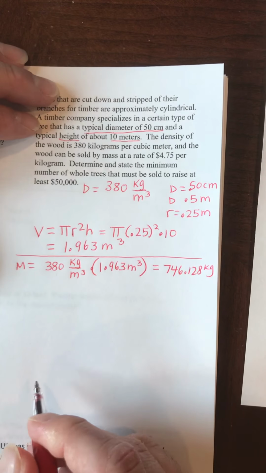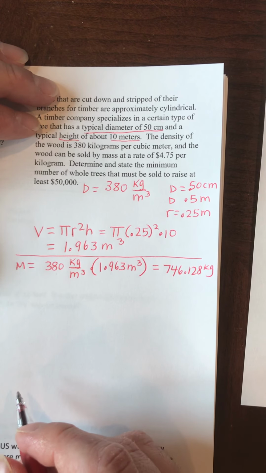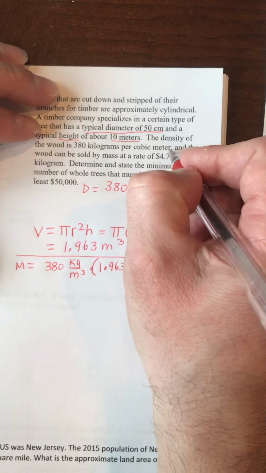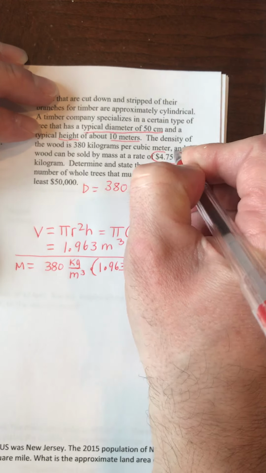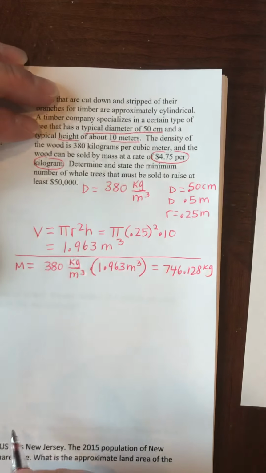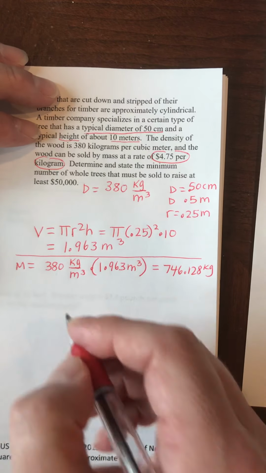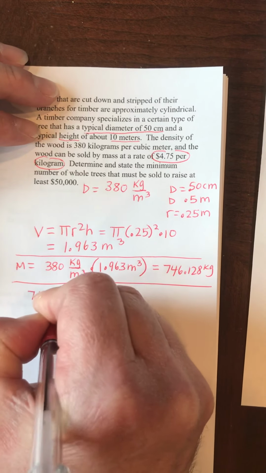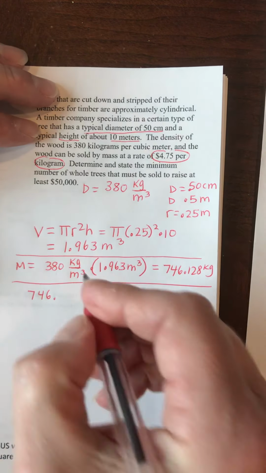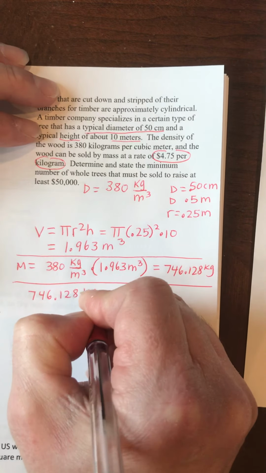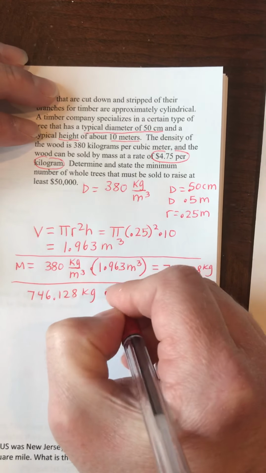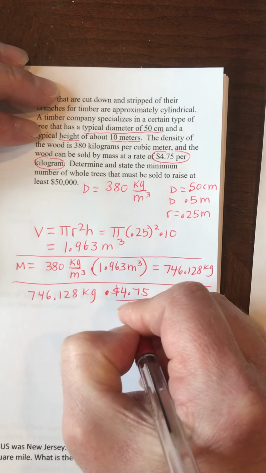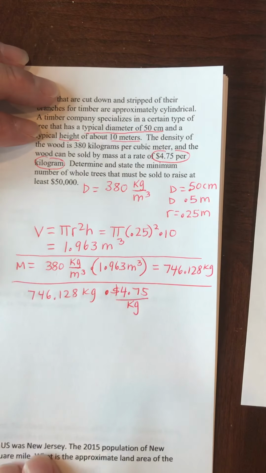All right, now they're talking about money. They're saying that they could sell this for $4.75 per kilogram. So again, I like working with the units because now I'm going to multiply 746.128 kilograms times $4.75 per kilogram. See that? And guess what?